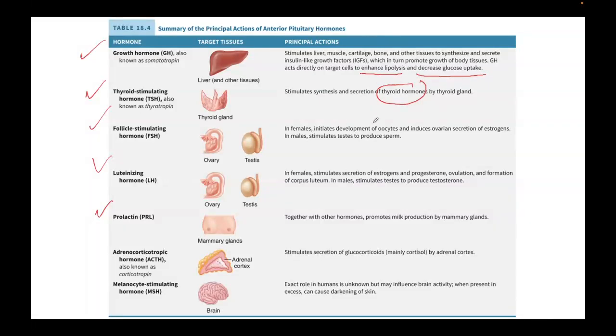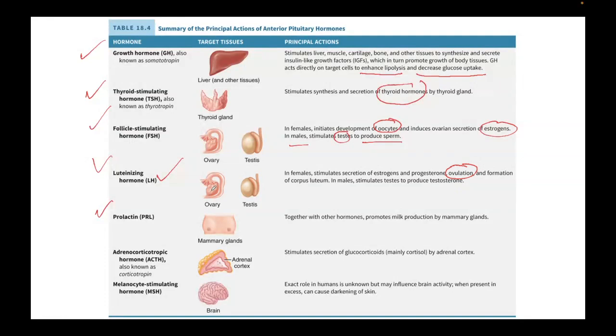FSH in the female is going to develop the egg and induce the secretion of estrogen. And in the male, it's going to stimulate the testes to produce sperm. LH, or luteinizing hormone, in the female, is predominantly involved in ovulation.